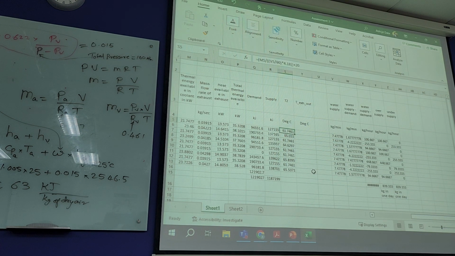He didn't use the volume flow or the cooler, he used the supply water.